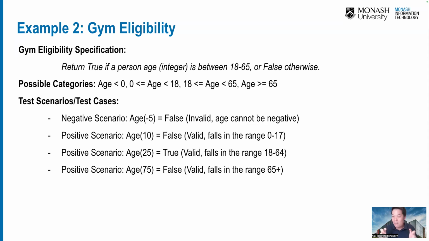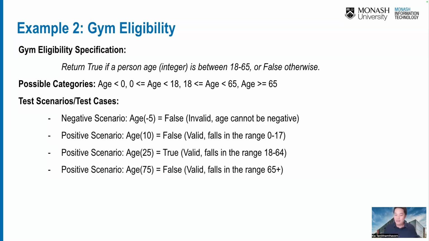But the ideal approach, if this is the range here, the technique that we need to apply is called boundary value testing. That means when we split the values into categories here, we only want to test the boundary values. So ideally we should test -1, 0, 17, 18, 65, 66.